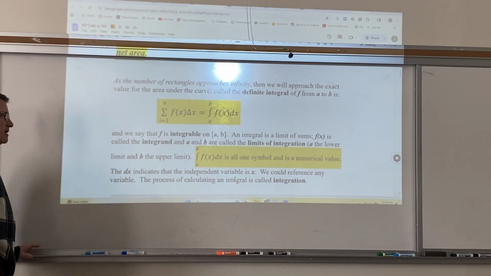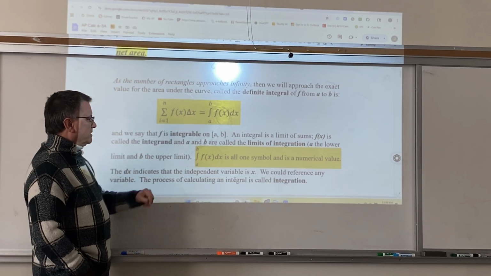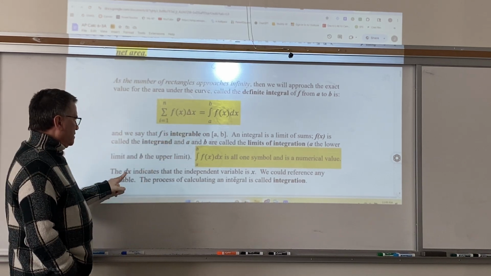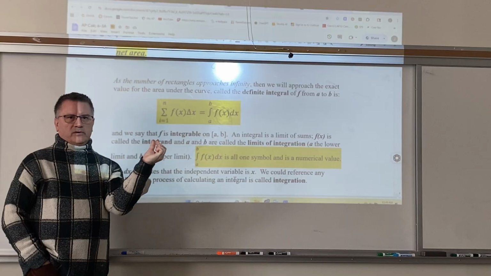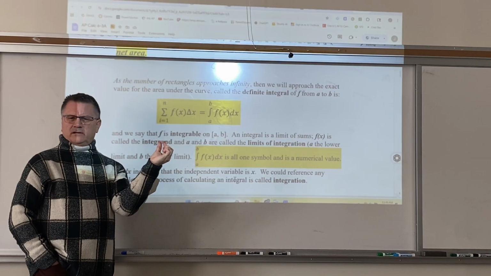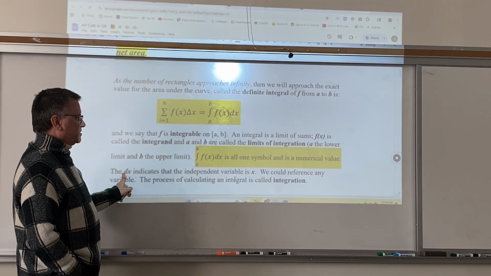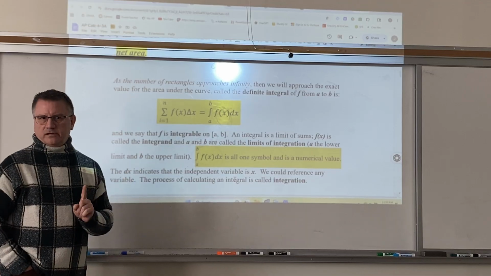And the dx, instead of the change of x, is there because we have an infinite number of these things. If you're thinking infinite number, that's not very wide. So dx takes the place of the change of x. It really tells me that's the variable I'm interested in.